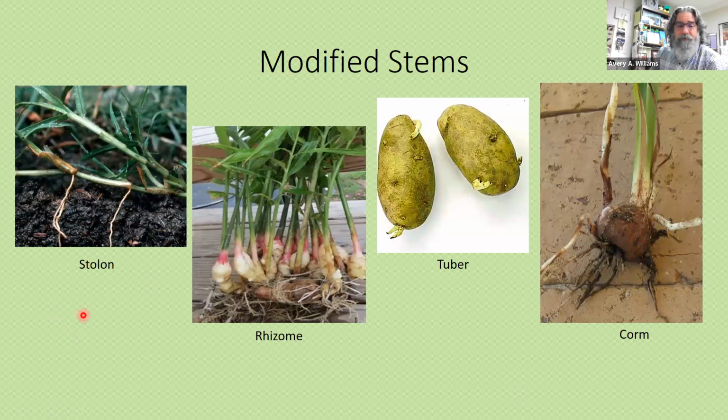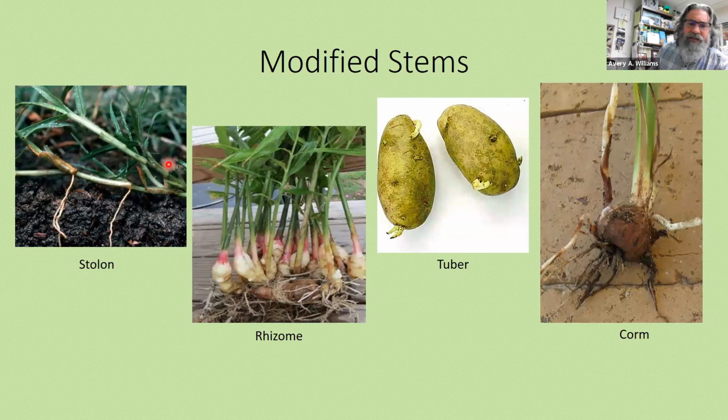Like this first one, it's called a stolon. And this is the stem right here. There's the stem right here. And here's a node, and there's a node. And at the nodes, if you look carefully, there's roots and leaves. And the stolons, these stems run horizontally across the top of the soil. Sometimes they can go under the ground, but in most cases, they're on the surface of the ground.